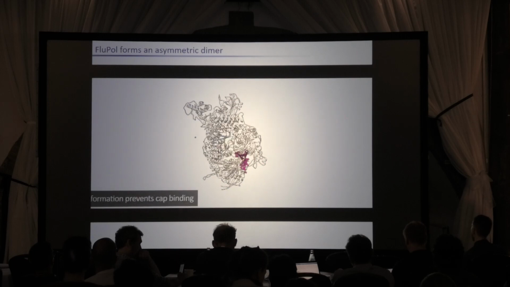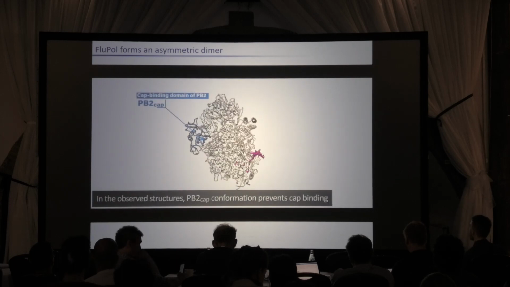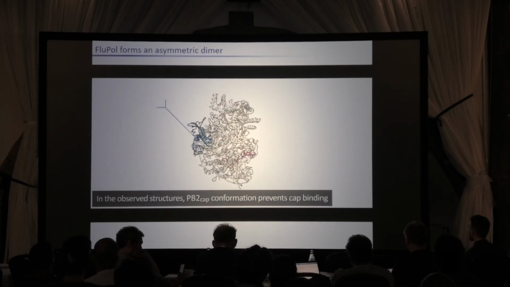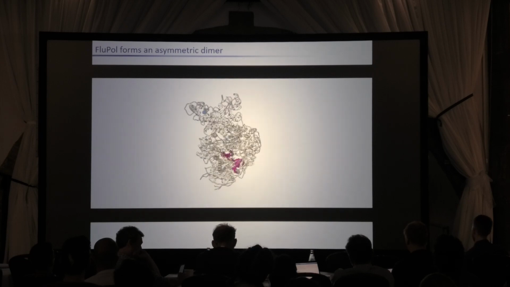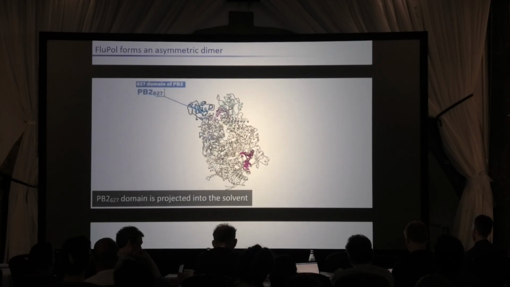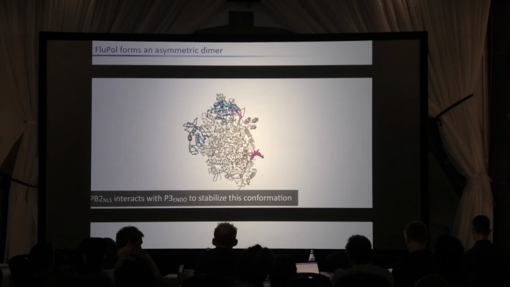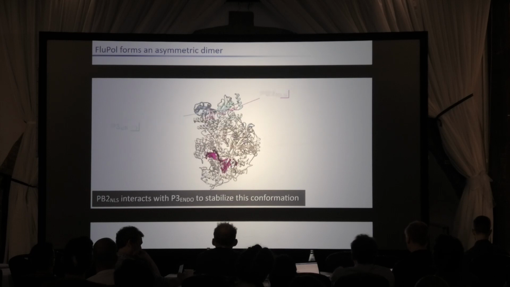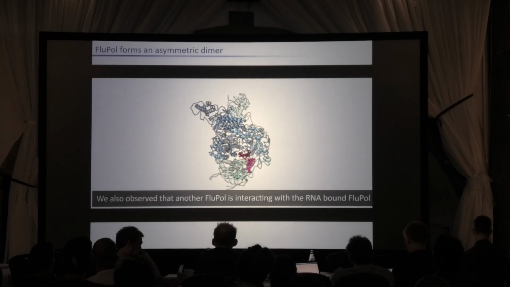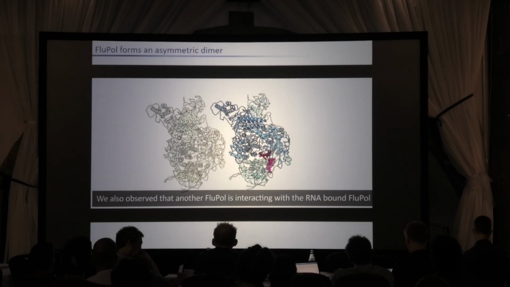In this structure, the cap binding domain is turned in, so it can't bind cap, and the PB2 and the NLS are up at the top. So this is what we are calling the replicase.